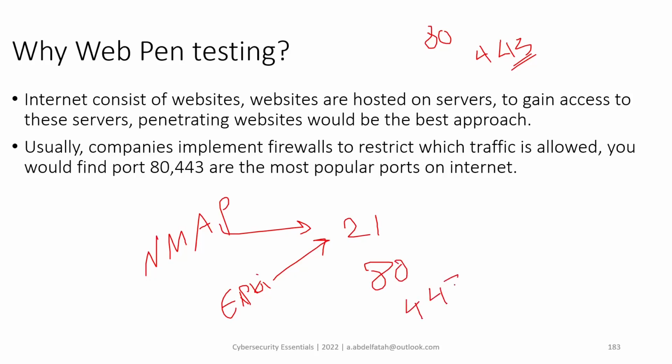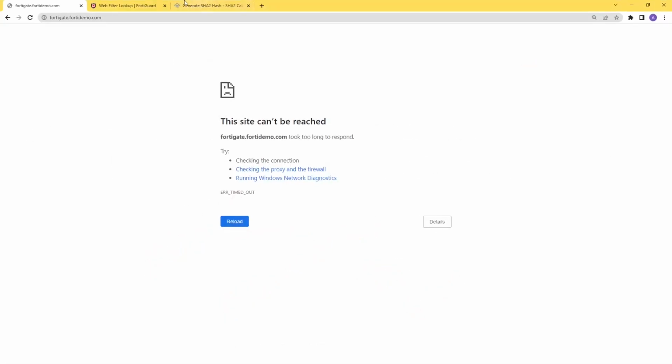So whenever there is a vulnerability that could be exploited from one of these two ports, we can exploit it, and then initiate a remote code execution. We can gain access or take control of this server, and from this server, we can use it as a jump host to initiate attacks on other hosts inside this network.